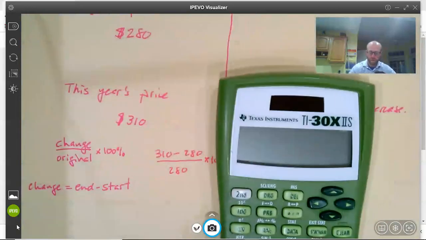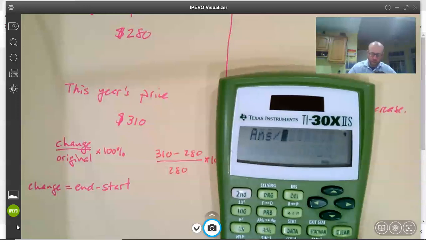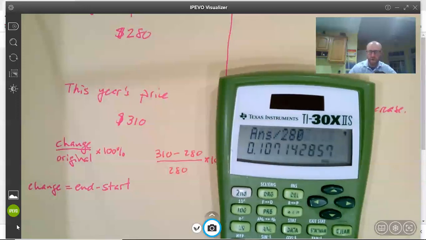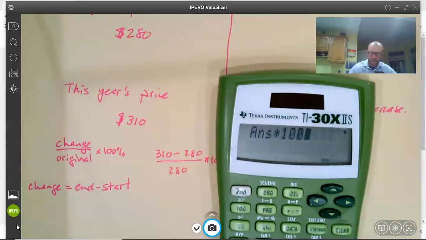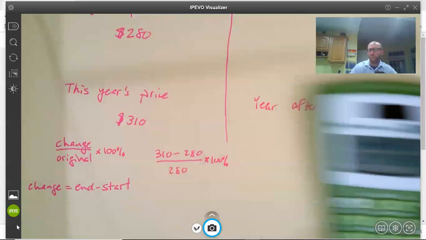So let's see. We have 310 minus 280. That's 30. We're going to divide that by 280. And then times 100 gives us, let's see, we'll round it, 10.71%.